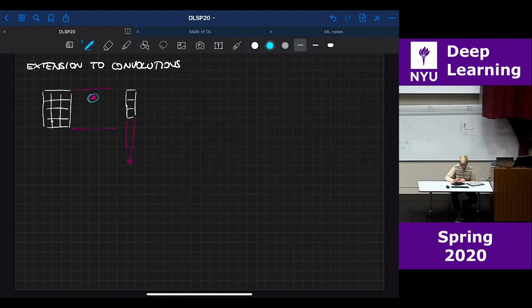Do we care about things that are further away? No. Why not? Because our data has the property of locality. So what am I going to put here? A big 0, right? Bam.